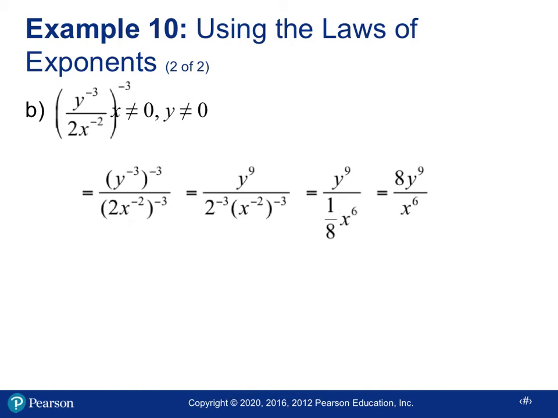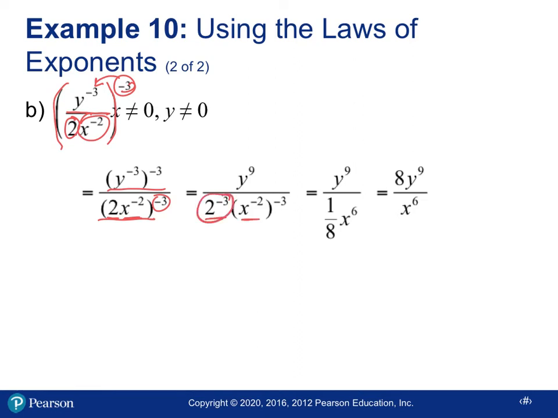Similarly, this question is very similar. So you have division. You have the whole fraction raised to the negative 3 power. So you're going to put the negative 3 to each factor. Okay, so that's what you see here. You have first placing with the denominators, and then you're going to place the negative 3 with the 2 and with the x to the negative 2nd. Usually people forget this guy. Don't leave him out, right?